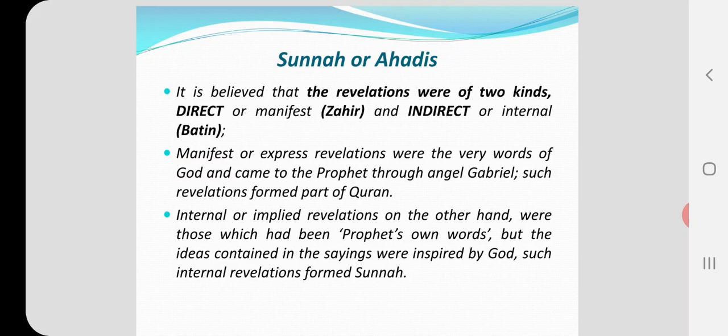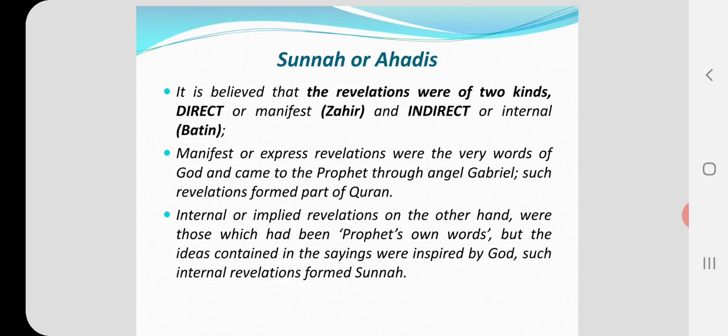One more thing to be noted is that these revelations, according to Muslims' faith, are of two kinds. The first is the direct revelation, the second is indirect revelation. The direct revelation became the part of Quran.